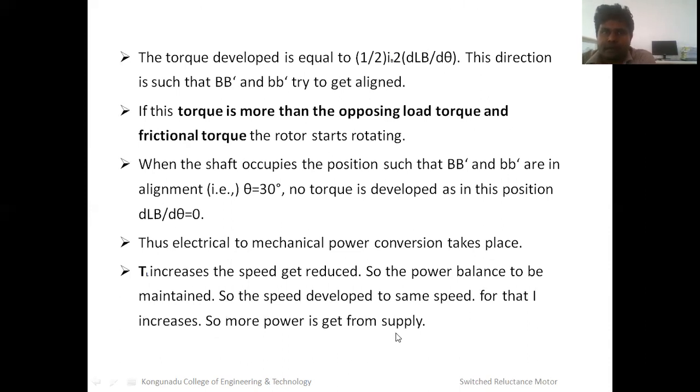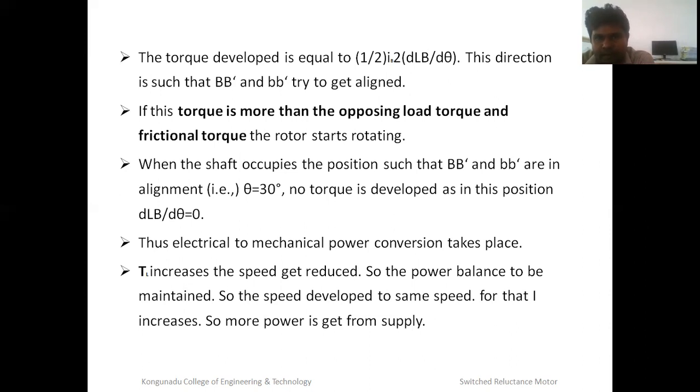So the torque developed is equal to half of IB squared times the rate of change of LB with respect to angle. The direction is such that B dash, that is, capital B dash on the stator and small b dash on the rotor, try to get aligned. Here the torque is more than the opposing load torque and the frictional torque, so the rotor starts rotating.